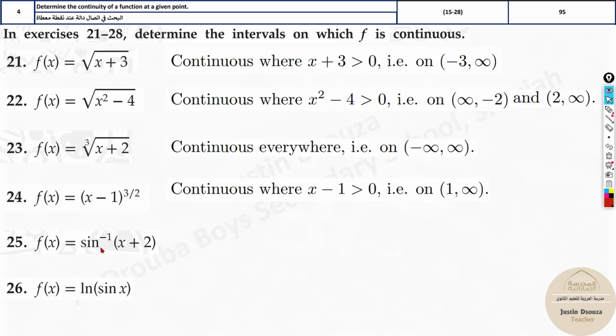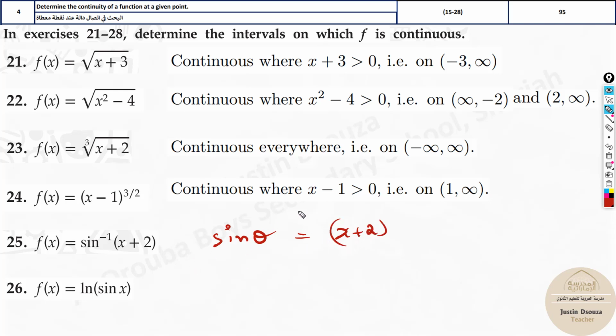Now, sine inverse. This is a bit tricky. What is the answer for sine inverse? First of all, what is exactly sine inverse? Now, we know sine theta, right? Say sine theta is equal to any value. Let me take it as x plus 2.